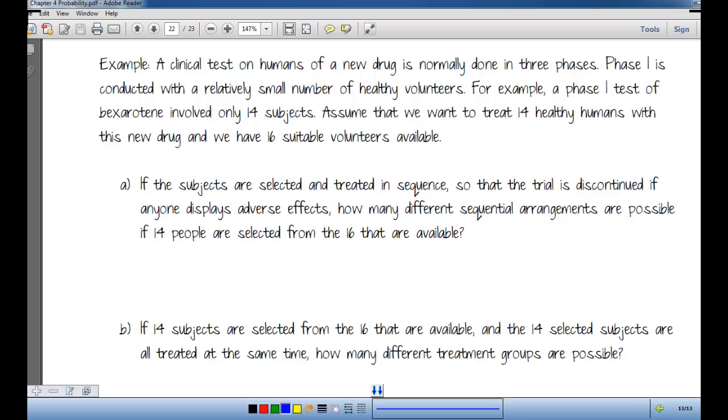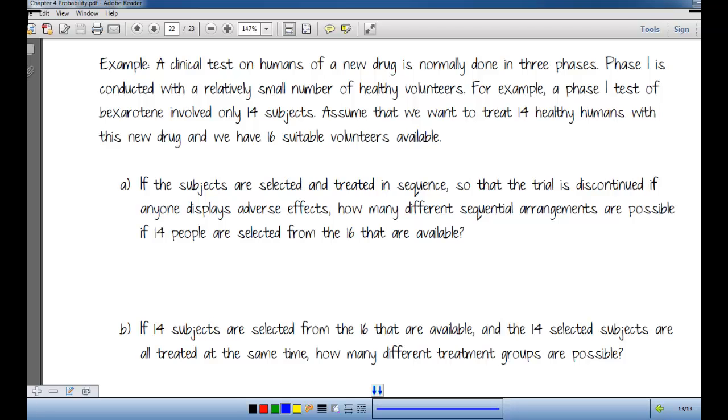Okay, so what are we going to do here? Big clue every time is if I've got so many objects and I'm choosing a subset. Do we have that here? Yes, we got 16 available. We're choosing 14. So the only question I need to ask is, does the order matter?